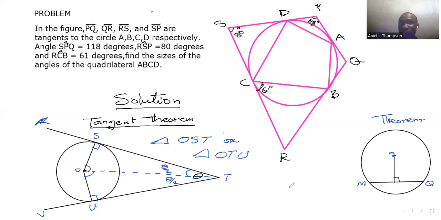So now I will read the problem. I believe you can also see the problem. In the figure, the pink color, PQ, QR, RS, and SP are tangent to the circle at A, B, C, D respectively. So you can see the circle there, A, B, C, D, and we have some tangents there.